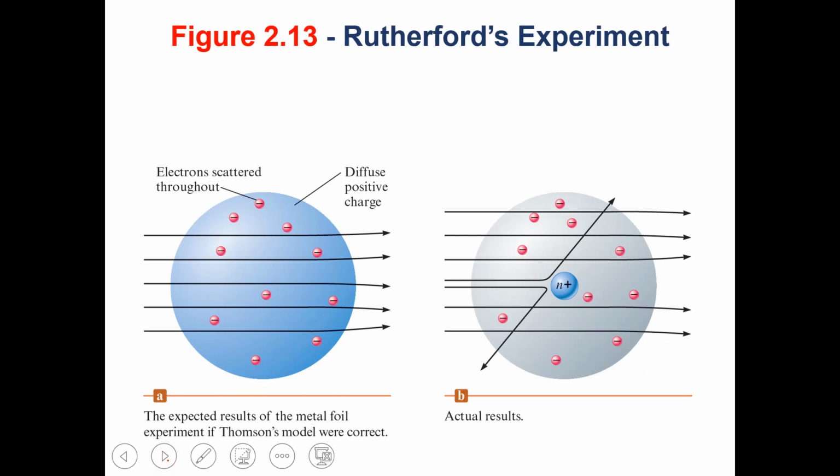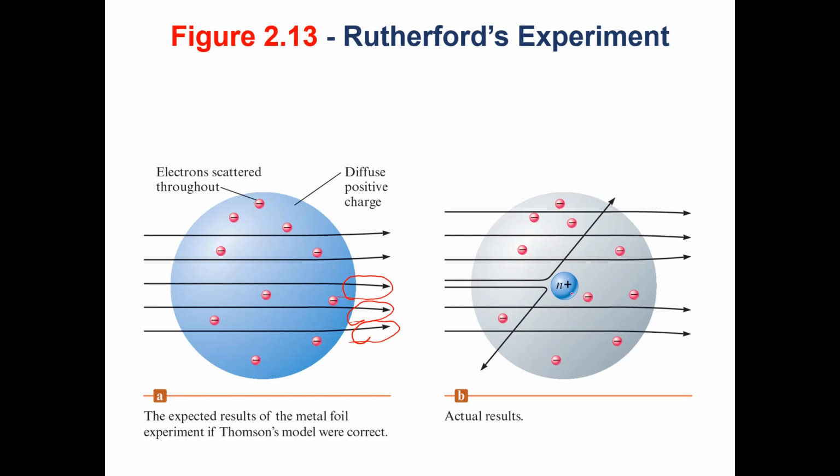So if the atom had been the plum pudding model like J.J. Thomson postulated, then what should have happened was the alpha particles should have gone straight through with only some minor deflections as they move through this plum pudding model. But what they actually found was that there were quite significant deflections.